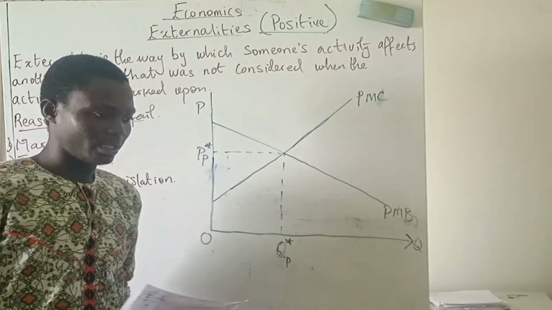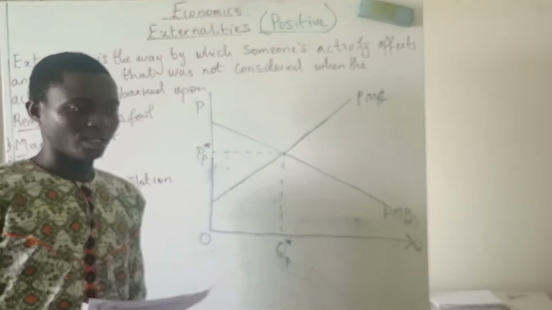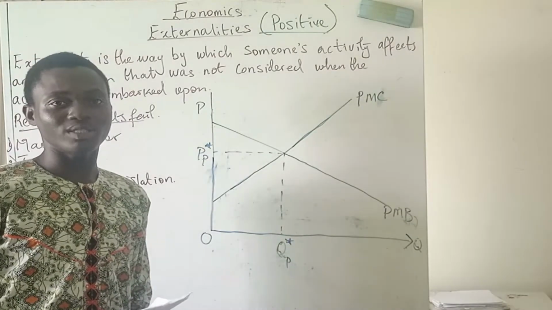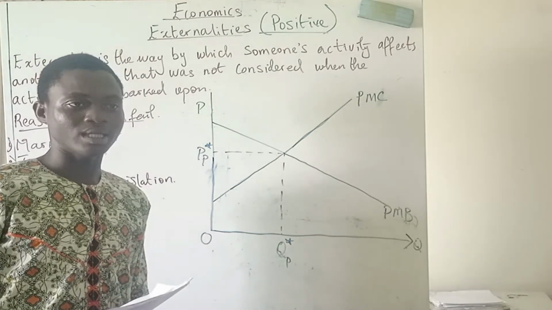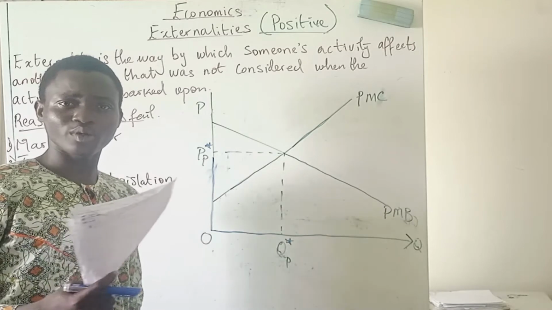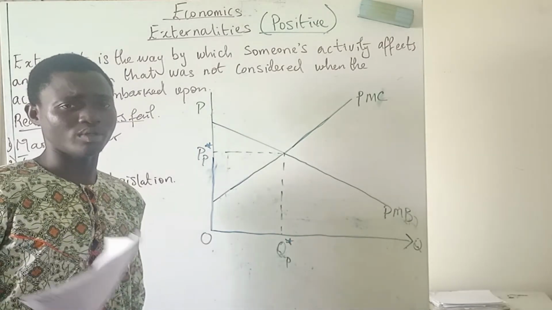To further explain what I'm trying to say, if Sarah has relatives, and now thank God she has a better job, she has money to a reasonable extent, she might be able to sponsor some of her relatives to school, let's say, who are handicapped financially in one way or the other.